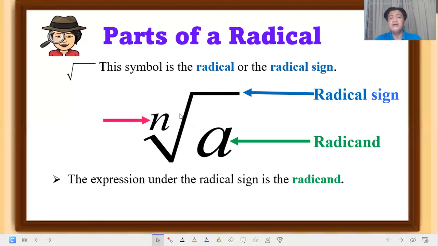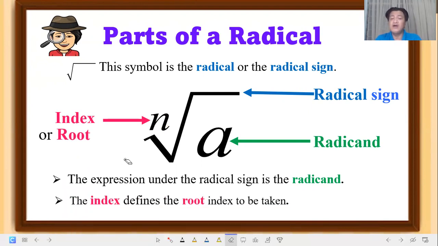And eto namang number na nandito sa unahan ng ating radical sign, kasi kung nandito yan, magiging coefficient. Kaya nandito siya, hindi siya coefficient. Ang tawag po doon ay index. Or that is the root. Ibig sabihin, the index defines the root to be taken.